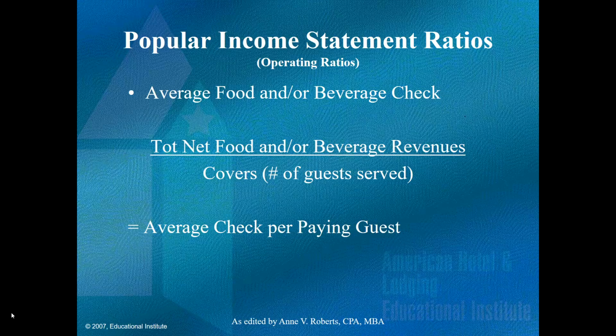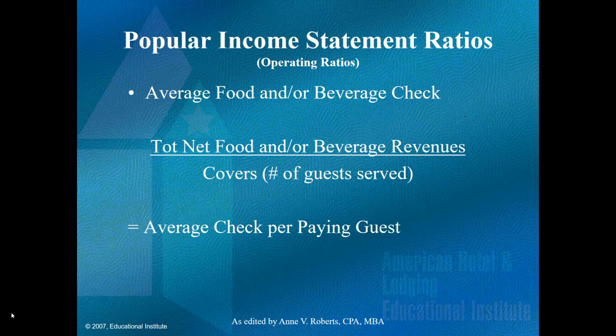But then when we go to the lunch service, lunch is probably going to be somewhere between $7 and $10 per guest. Then dinner is probably going to be upwards of somewhere between $15 to $20 per guest, right?